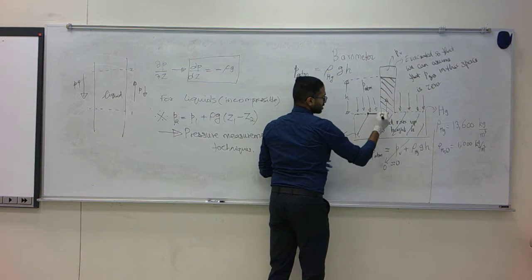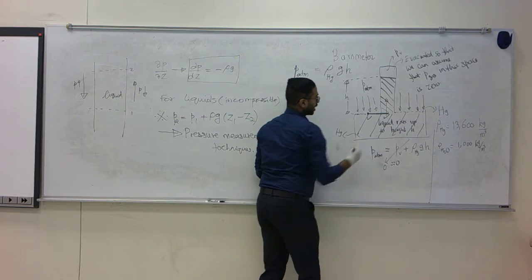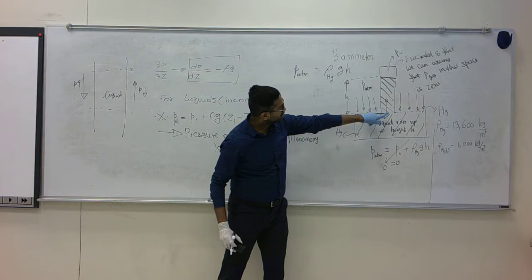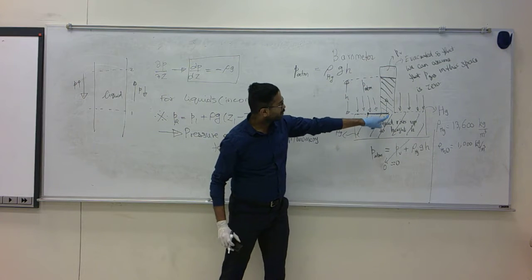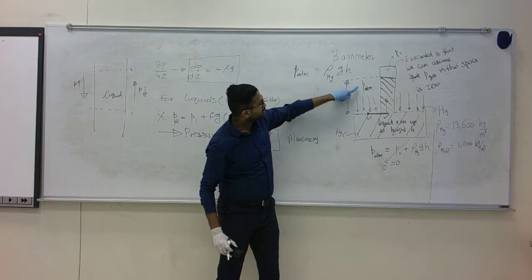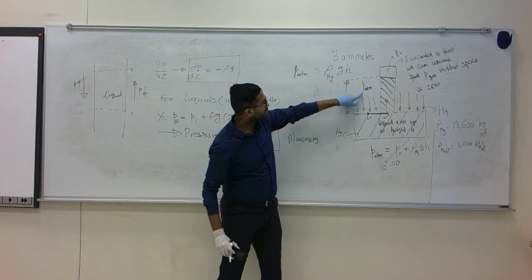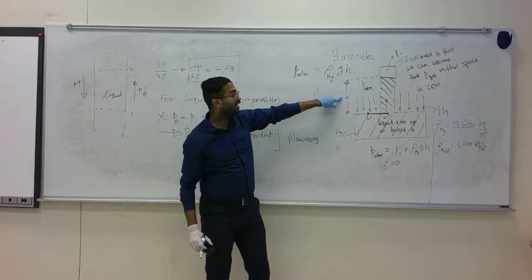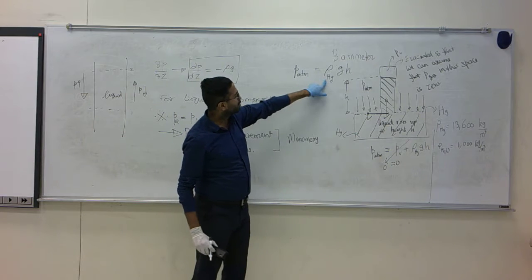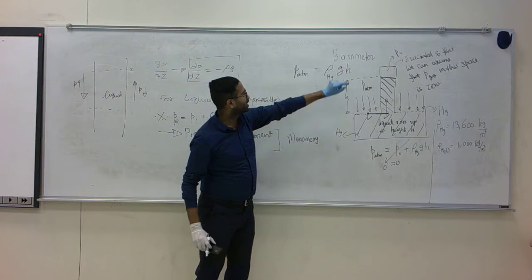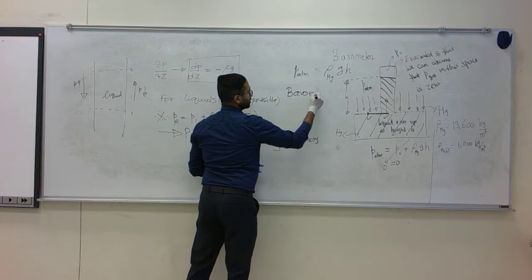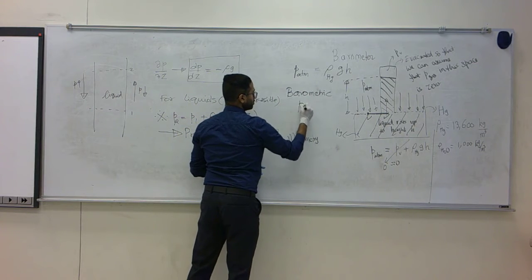So these two are at the same pressure. So you have the pressure here, rho g h, equal to the pressure here, which is equal to the atmospheric pressure. So we connect the atmospheric pressure and this column of height h and write that the atmospheric pressure equals rho g h. This is called the barometric principle.